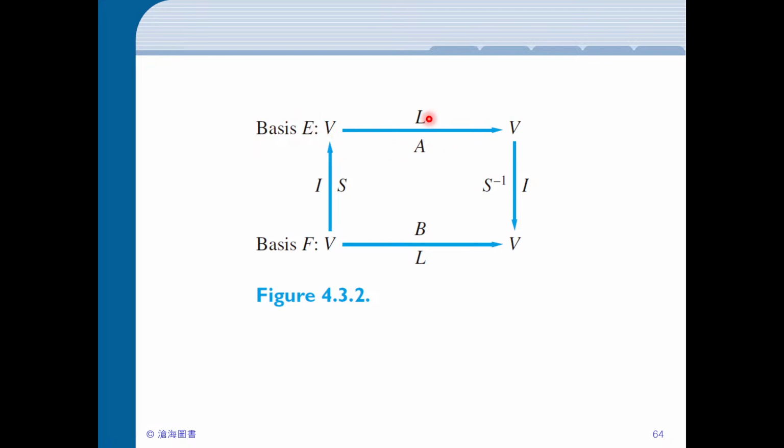So A is the transition in basis E, and B is the transition in basis F.